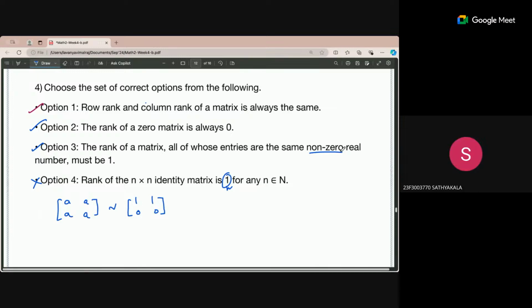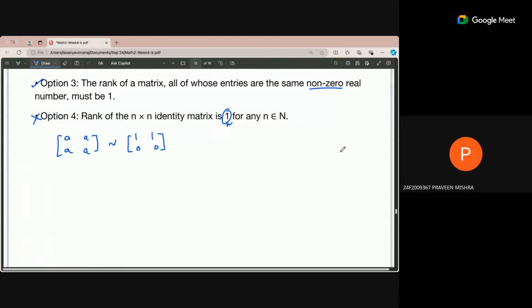Ma'am, can we say that the rank of a column matrix is always 1? The rank of a non-zero column matrix, yes, that is also 1. Similarly, the rank of a non-zero row matrix is also 1.